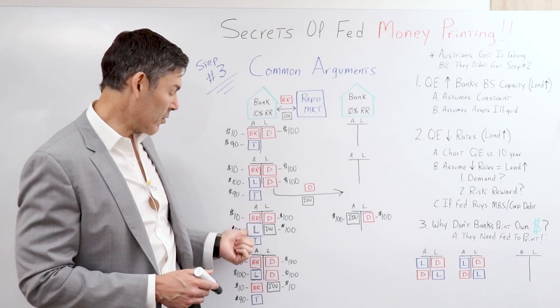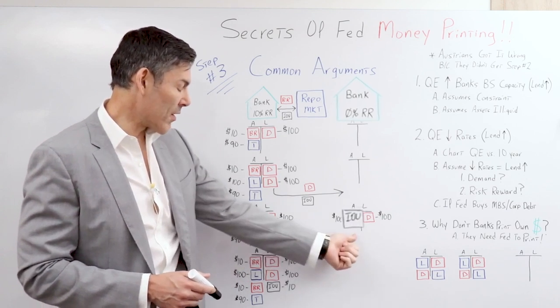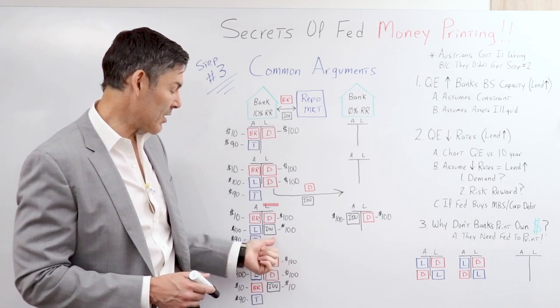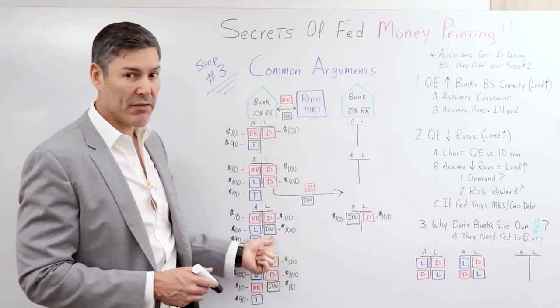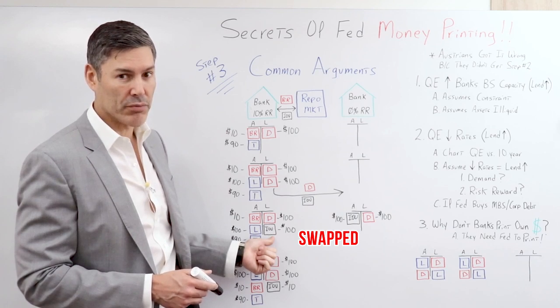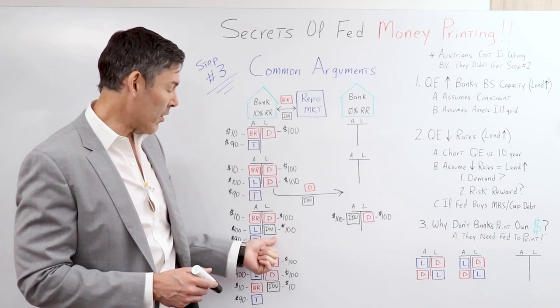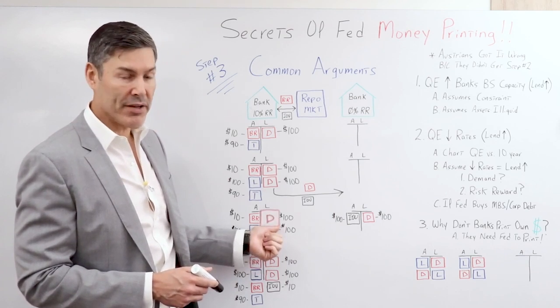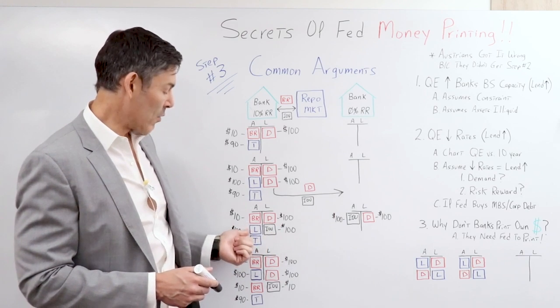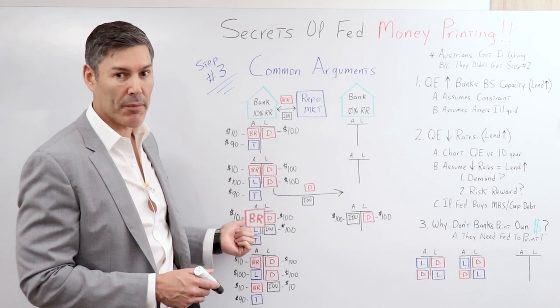We'd have the new loan for $100, and we'd have an IOU to the subsidiary bank for $100, which would be the liability. So you see, they've basically swapped the deposits for an IOU or a loan, extension of credit, however you want to look at it. And therefore, they reduce the amount of deposits so they can make that loan while at the same time meeting the 10% reserve requirement.